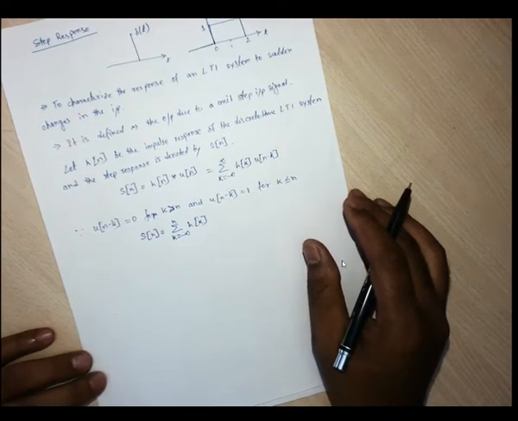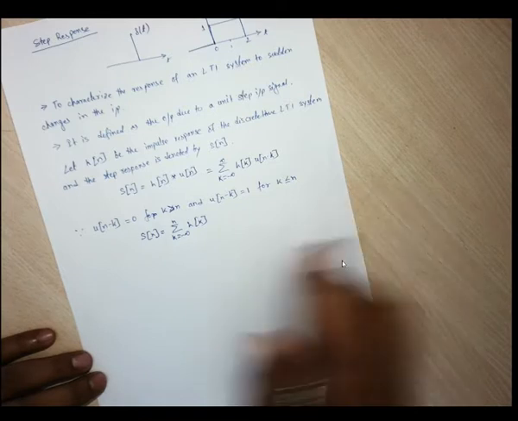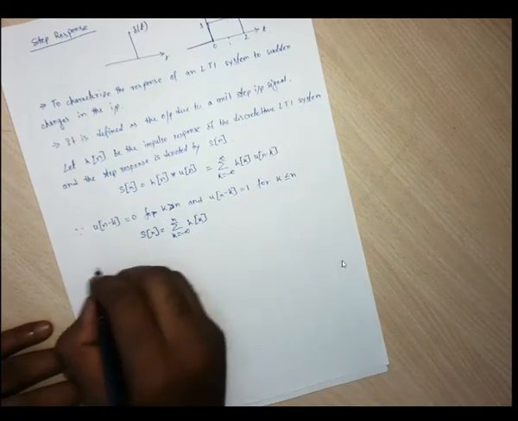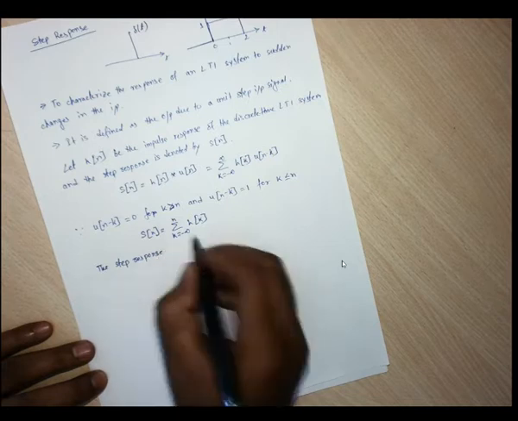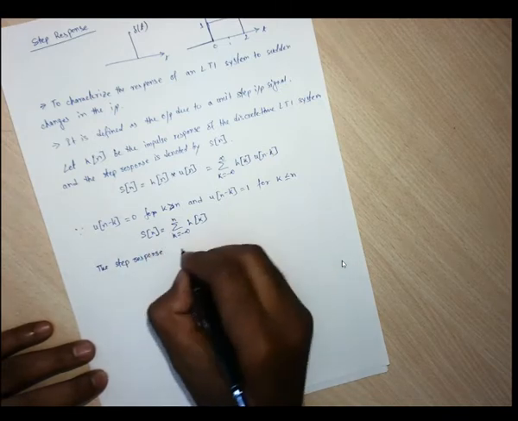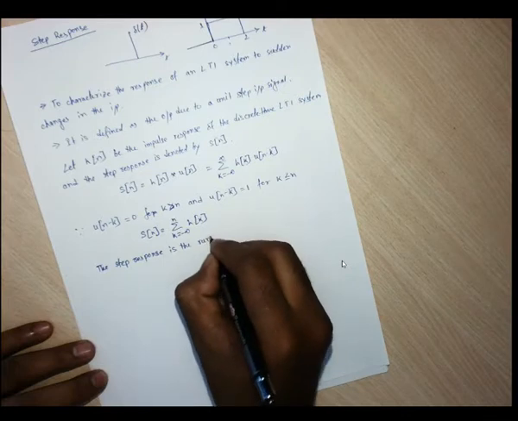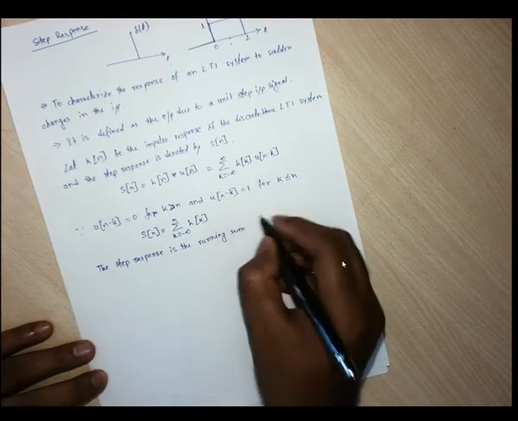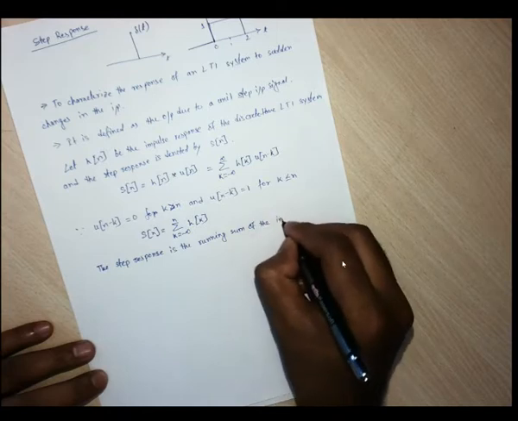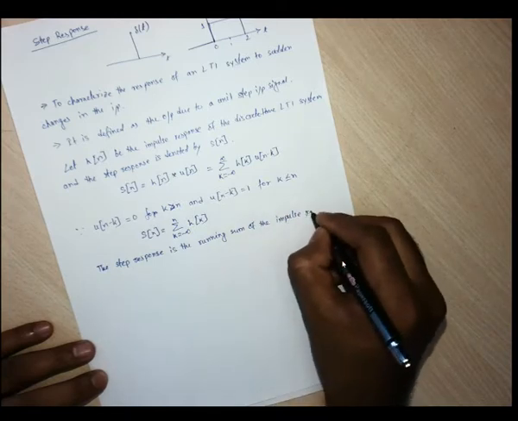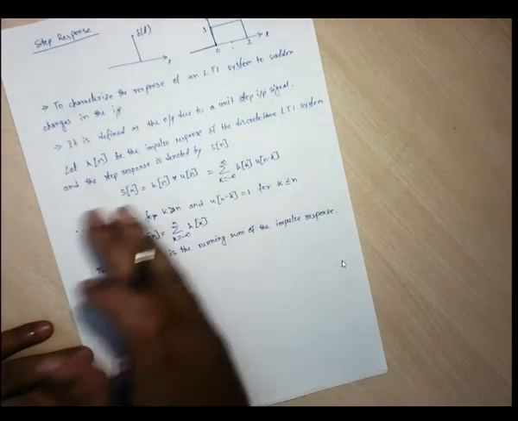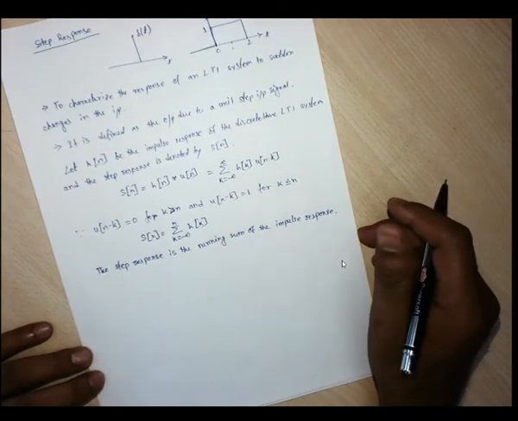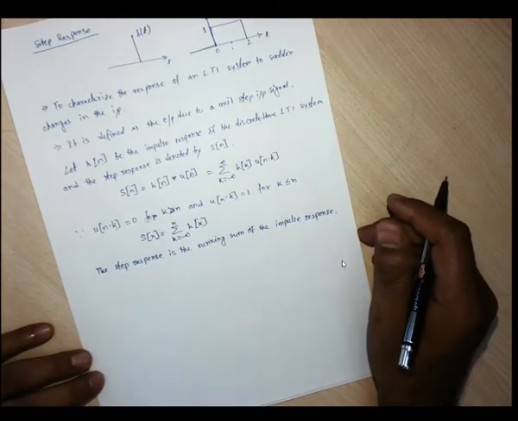So the step response is the running sum of the impulse response. If we take different k values and sum them, we are able to construct this step response.